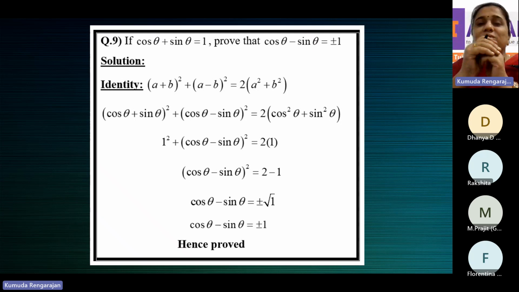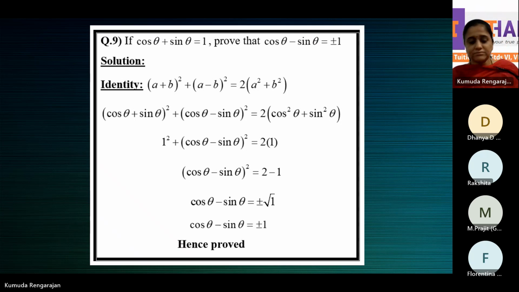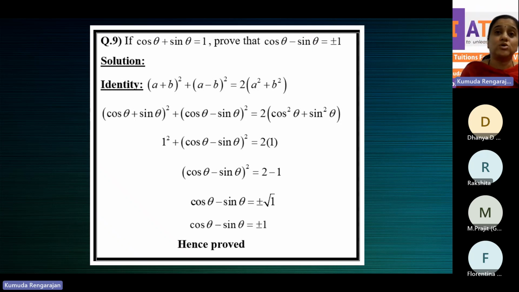Okay. You didn't try to find the value. You just brought everything to one side. Now here, you finish it. I'll tell you why we should not use the other identity. I'll tell you that here.